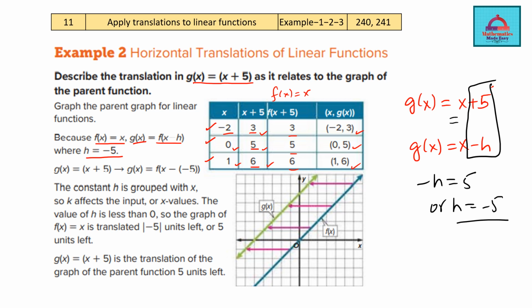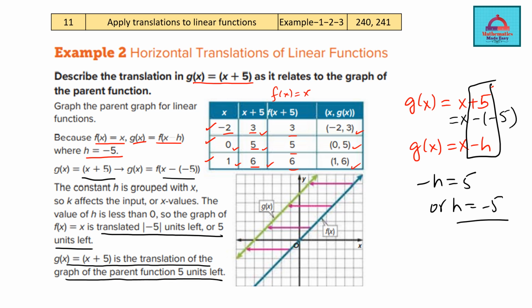Okay, because you can write this as x minus of minus 5. So therefore the value of h is negative 5, and because h is negative 5, the graph will be translated 5 units left. So g(x) = x + 5 is a translation of the graph of the parent function 5 units left. And as you see, the blue is the original graph, the green is the new graph, and it is moved to the left by 5 units.